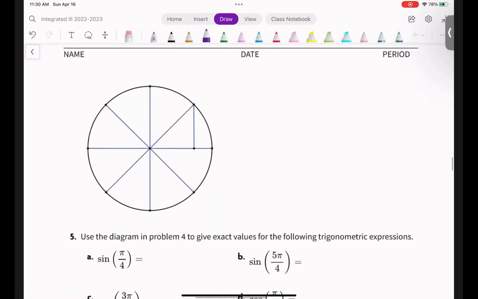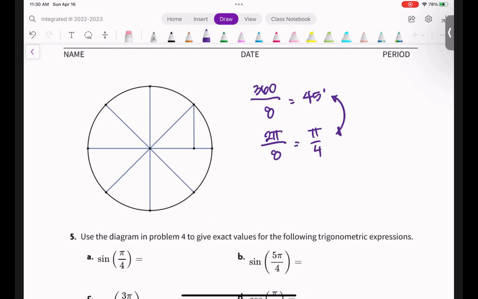And you would have known this because you would have divided 360 by 8, which is 45 degrees. And 2 pi divided by 8 is pi over 4. So these two are the same thing in different languages.